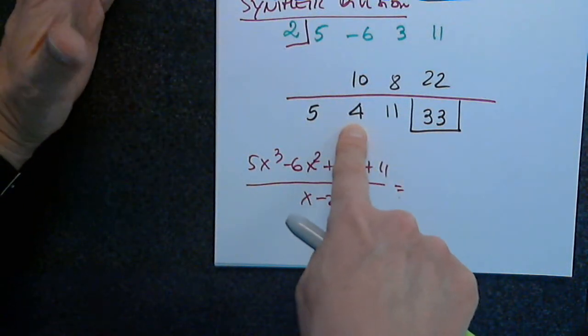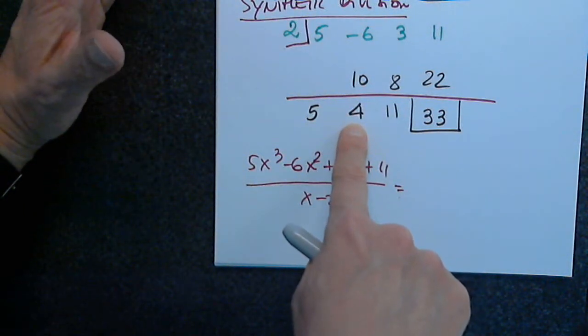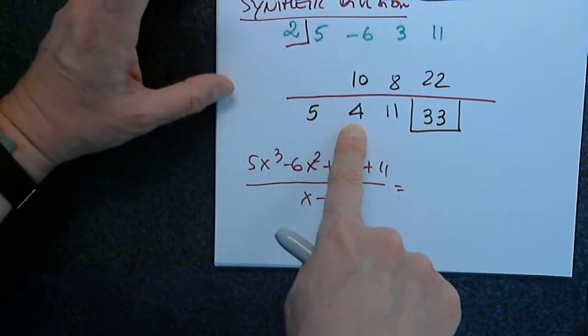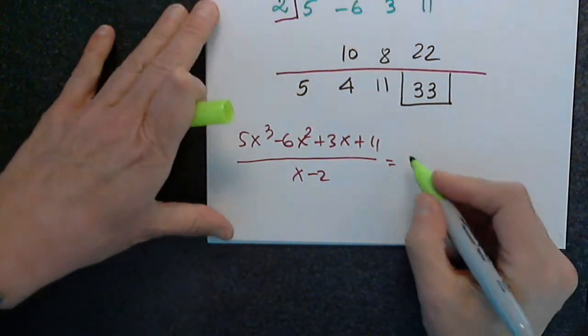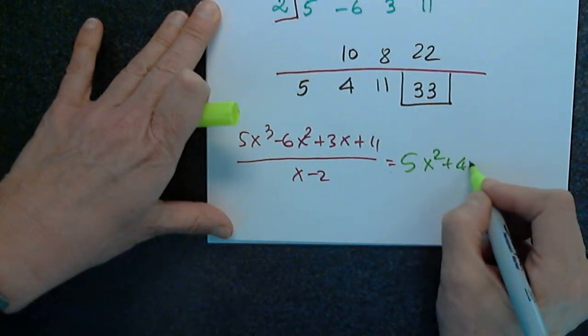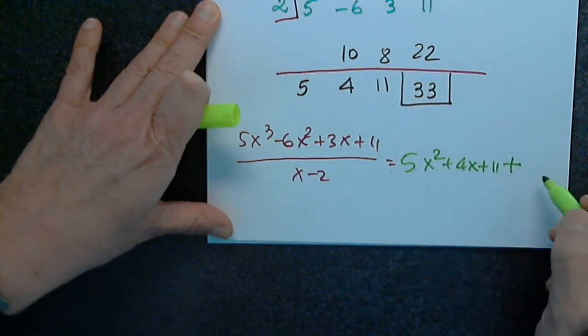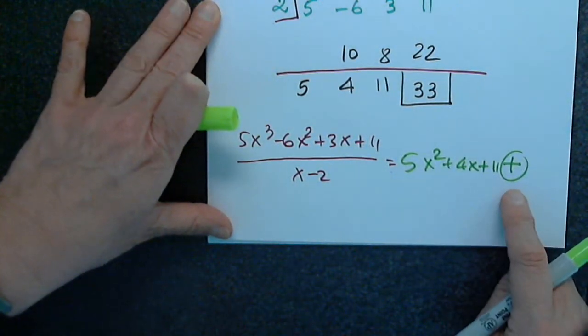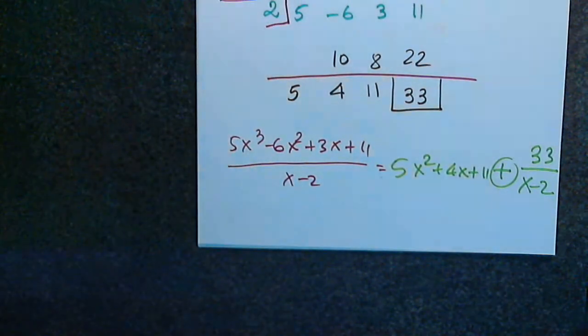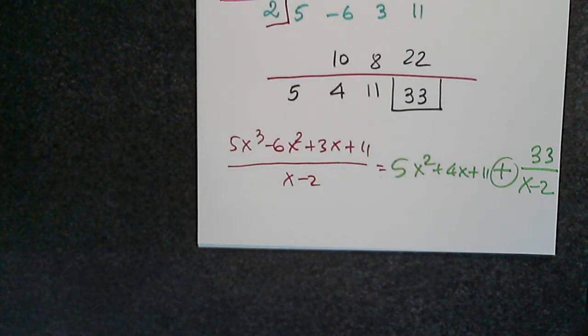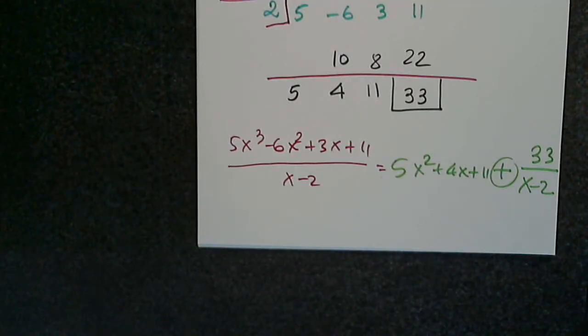What is the next in line? 5x squared plus 4x plus 11, and then plus, do not forget this symbol, 33 over x minus 2. Is this clear? Let's do the same thing with the long division now.